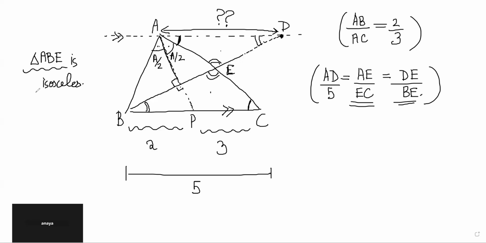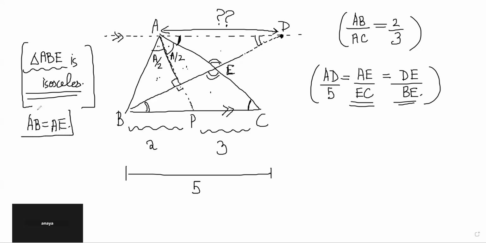Why? Because the altitude is also an angle bisector, so we can prove congruency. So we get that ABE is isosceles. That means AB is equal to AE, right?